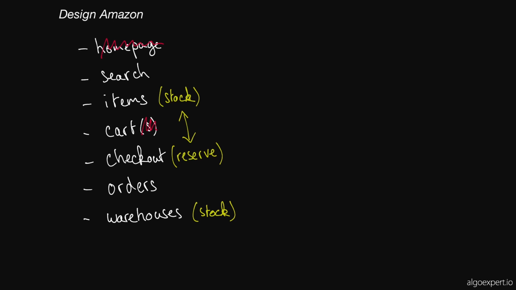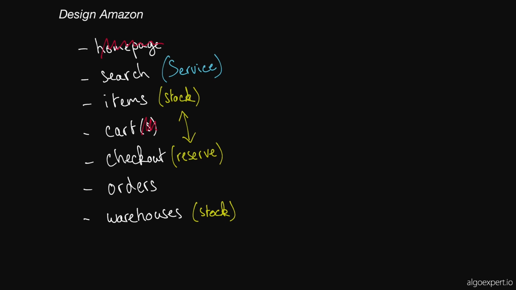But as far as all the other logic, like, if you have multiple warehouses, which one gets picked, which might be based on shipping location or some smart machine learning logic, whatever you can think of, we can rely on a special service, just like the search engine or the recommendation engine service that we had here. By the way, maybe I will write this down in blue so that we know that we have a service here. We'll put service so that we know that we have a service at our disposal.